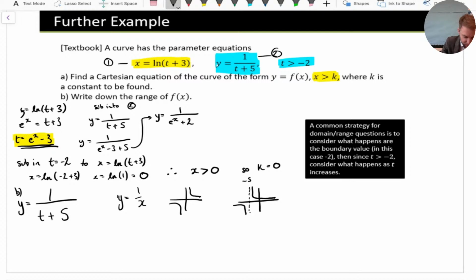So what happens if I substitute in t is equal to -2 into this? I end up with y is equal to 1 over -2 plus 5, which is equal to 1/3.